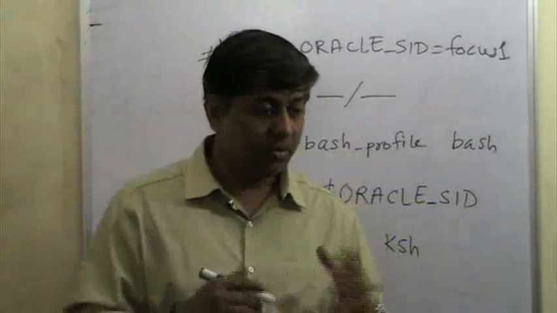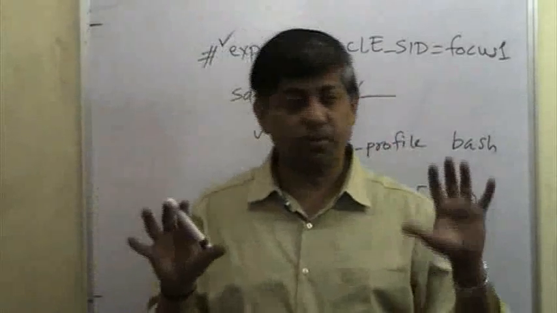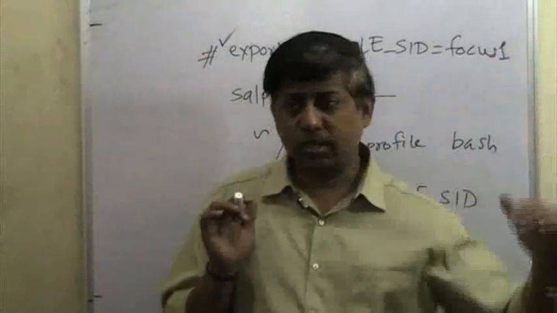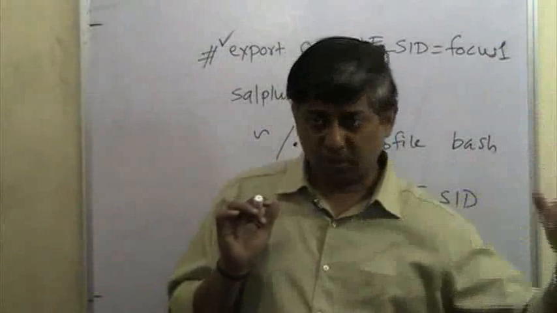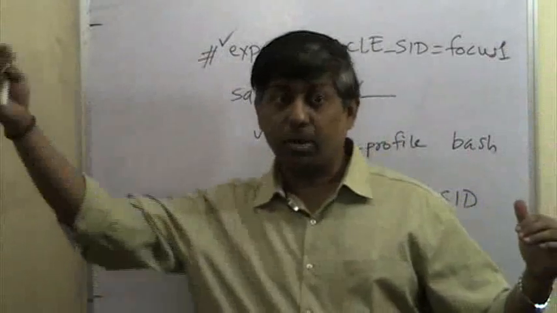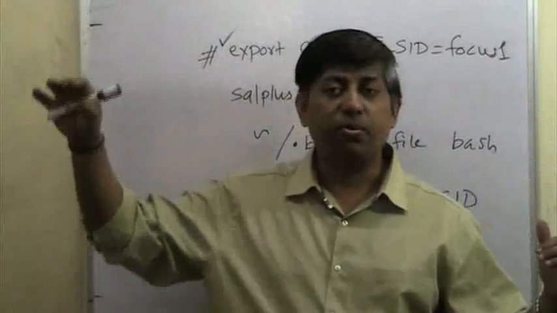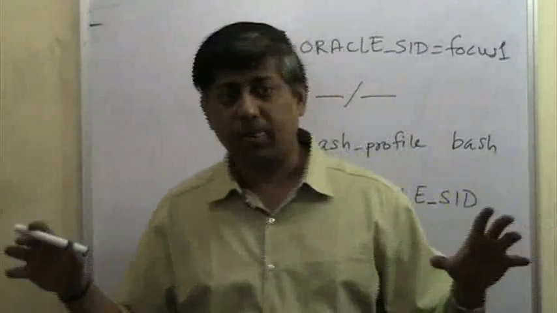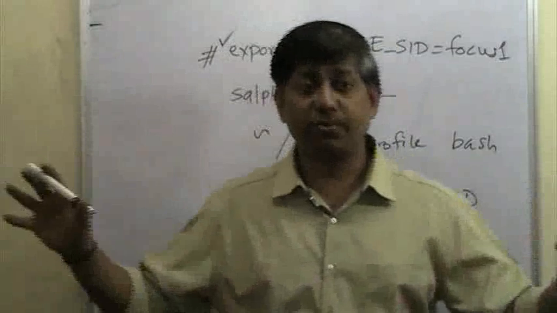So let us say you have two databases running on your machine, Focus1 and Focus2. And you would like to see how many rows are there in the Shaker schema of Focus1. And at the same time, you would like to compare that with the Shaker schema in Focus2. But now I just said that you cannot log into two databases at the same time. So how do you resolve this? You open two different windows.